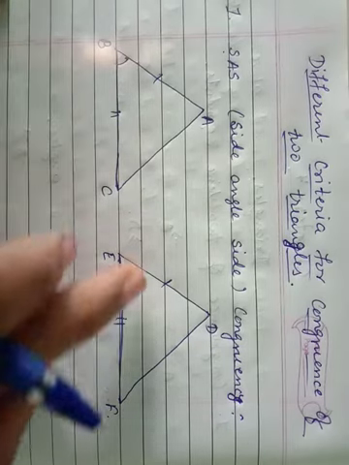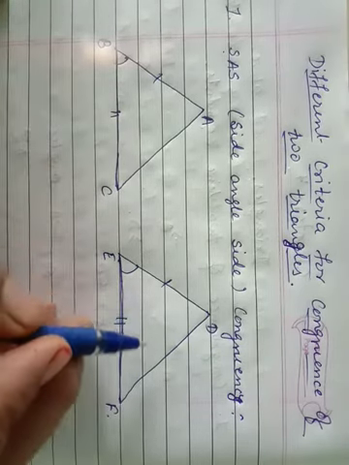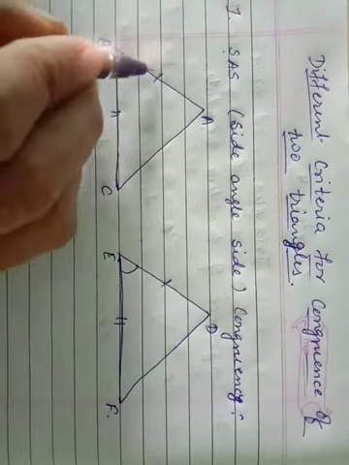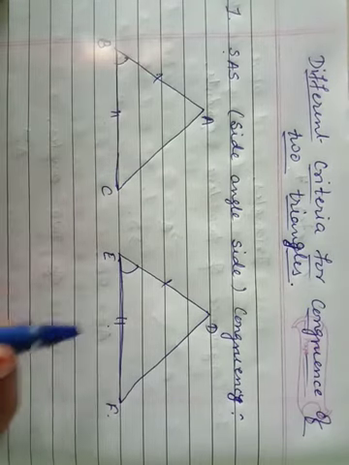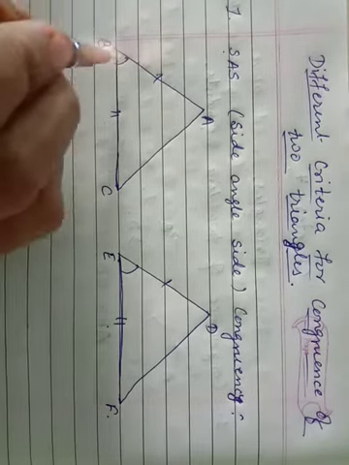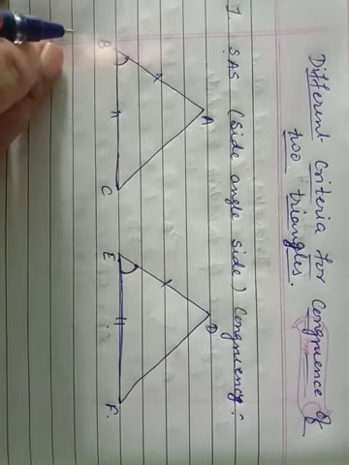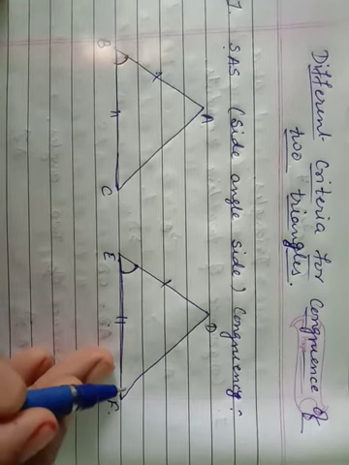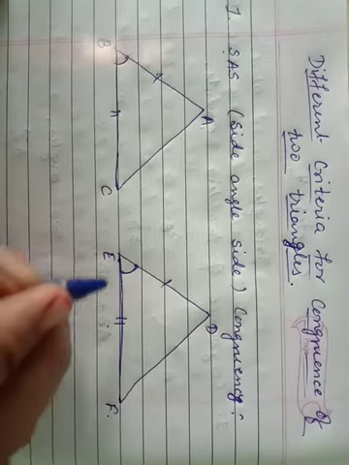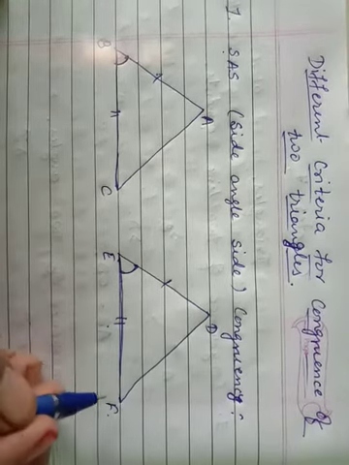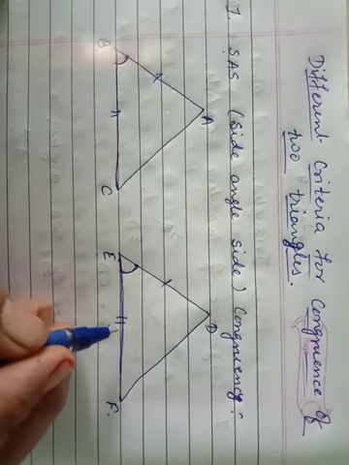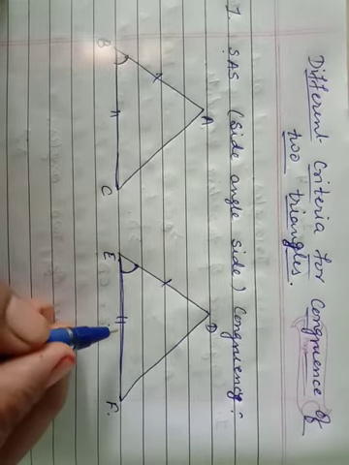So two triangles are congruent if two sides and the included angle of one are equal to the corresponding two sides and the included angle of the other triangle, then the triangles are congruent to each other.